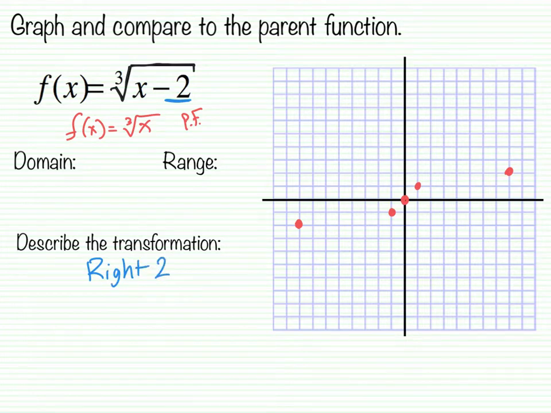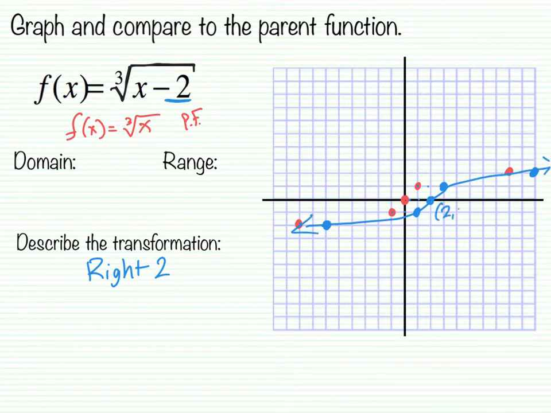My shift is right 2. So I take this dot, 1, 2, now it's right there. I have here 1, 2, and then 1, 2, and then from there 1, 2, and then more over 1, 2. So now there in blue is my final graph, and label my points.